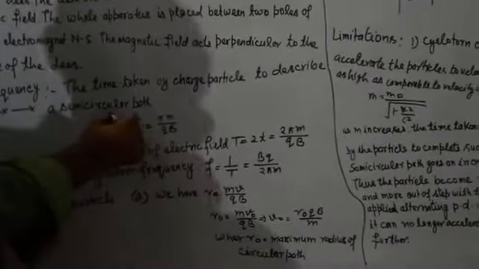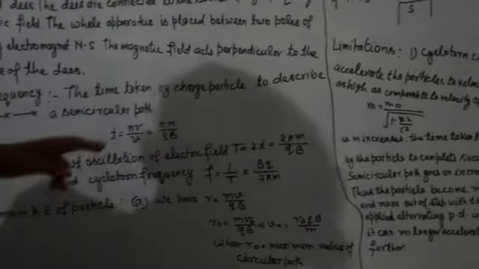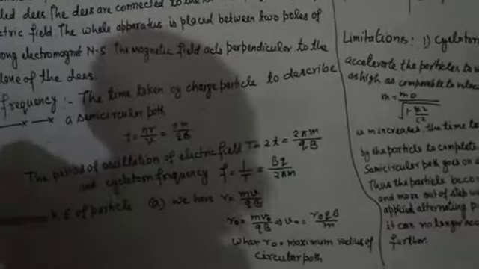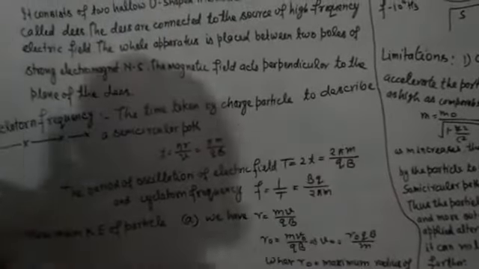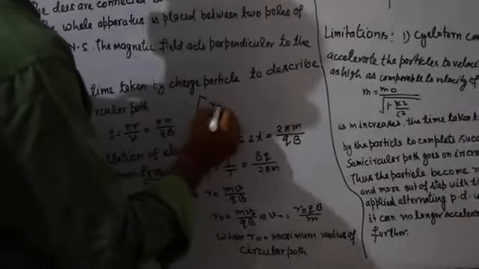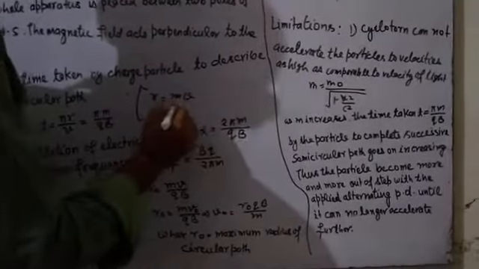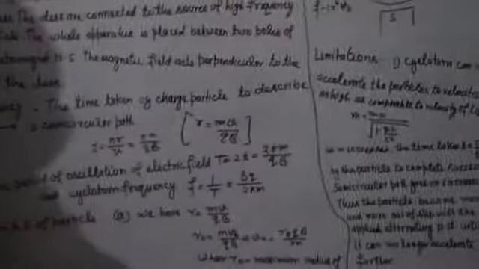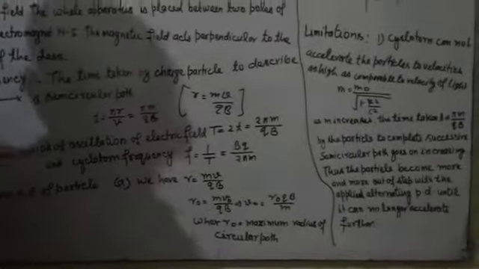Cyclotron frequency: the time taken by a charged particle to describe a semicircular path. Consider any semicircular path. t equals pi r upon v, length of semicircular path upon velocity v. We know that radius r equals mv upon qB. Put the value of r, then t equals pi m upon qB.